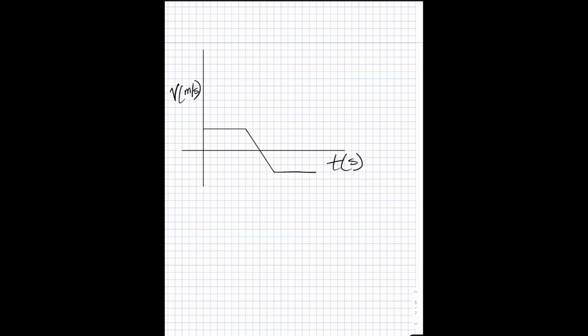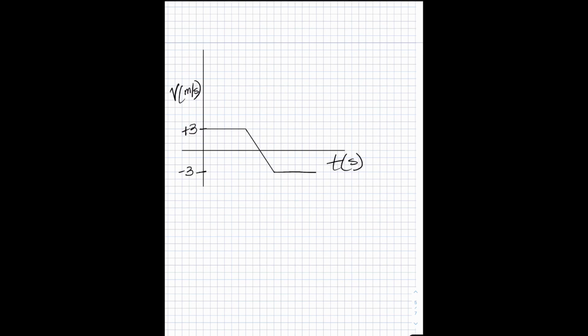All right, so this is velocity, this is time. I don't know what this time is, I'm just making stuff up. Okay, so it has some velocity. We'll say this is positive 3. Then right here it drops down to negative 3, in meters per second.